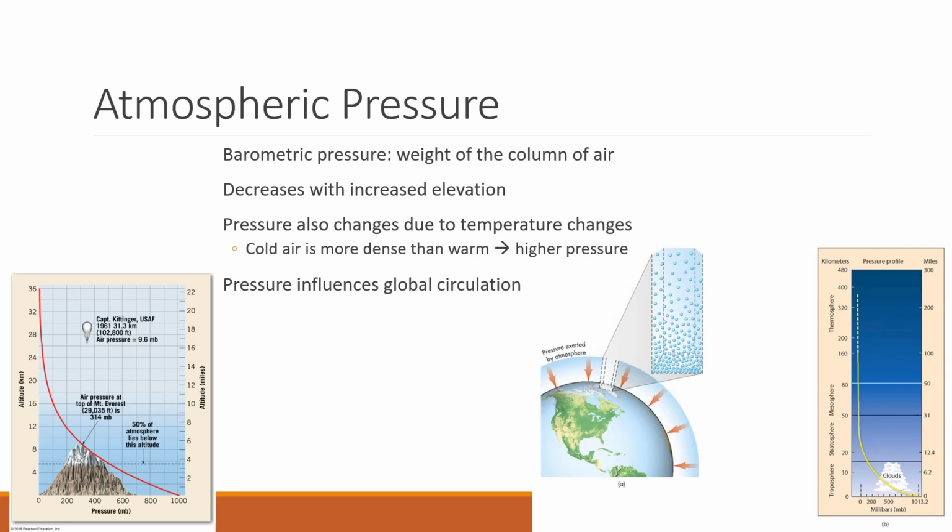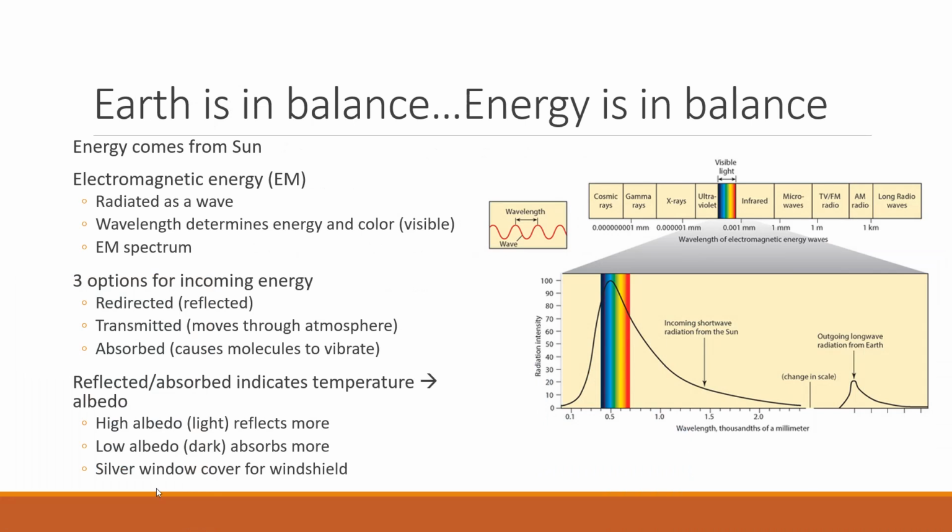So let's see here. Pressure will decrease as we go up in elevation. That's what both of these figures are showing us, because we will have fewer air molecules basically packed on top. So our energy is coming from the sun.